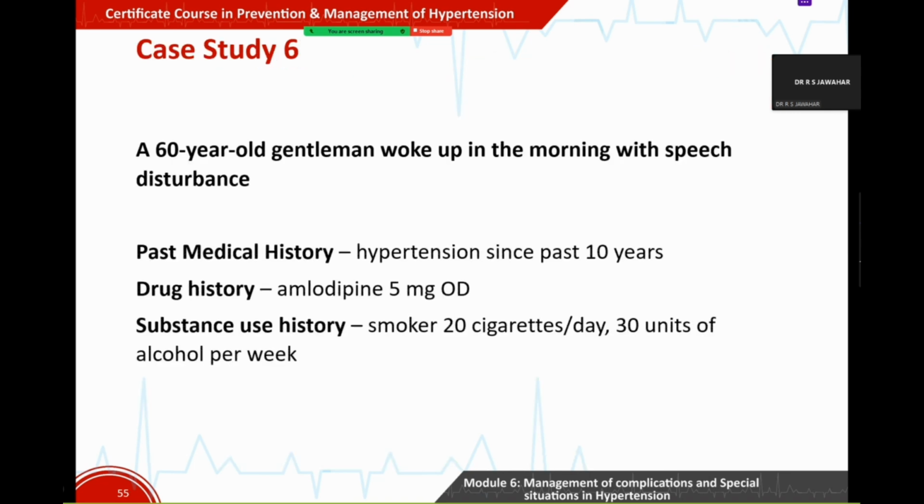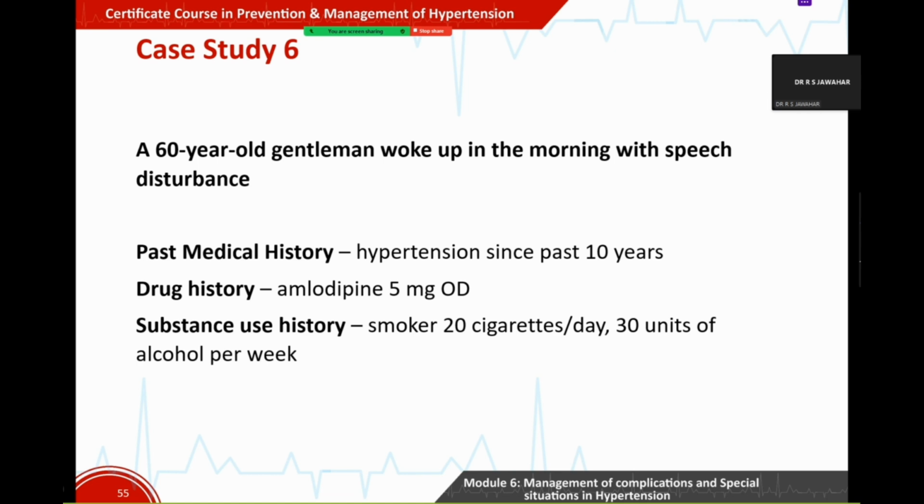Here, a 60-year-old gentleman woke up in the morning with a speech disturbance. So he has dysarthria. He has been hypertensive for the last 10 years, on amlodipine 5 milligrams OD. Smoker, 20 cigarettes per day.